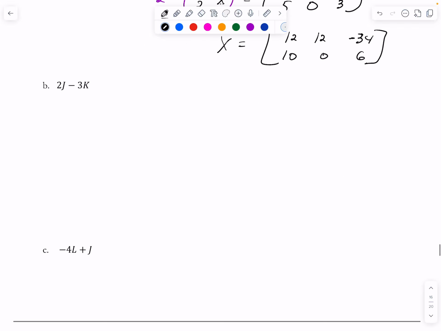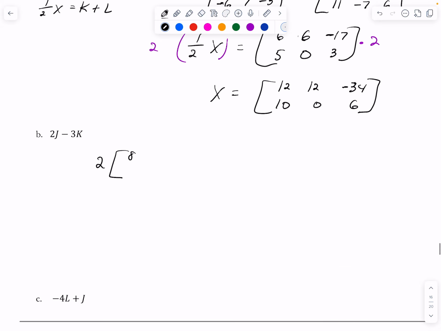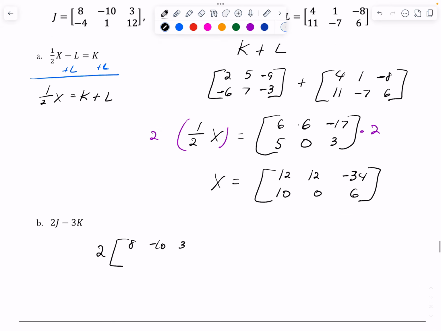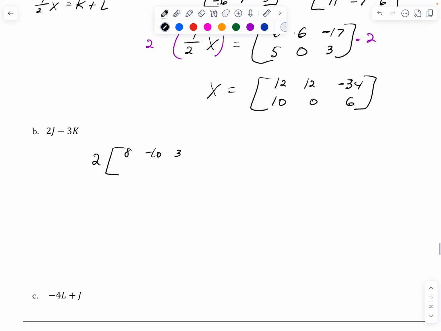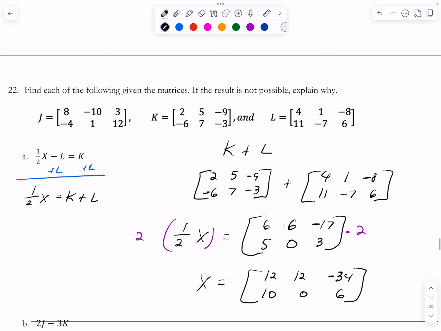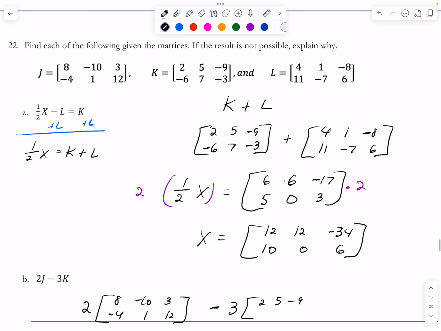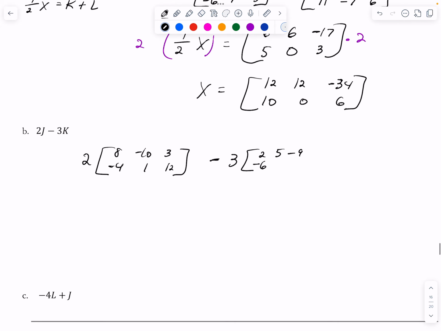Let's do 22B. So 2 times matrix J. Matrix J is 8, -10, 3 in the first row. Then -4, 1, 12. And then minus 3 times matrix K, which is 2, 5, -9 in the first row. And -6, 7, -3.